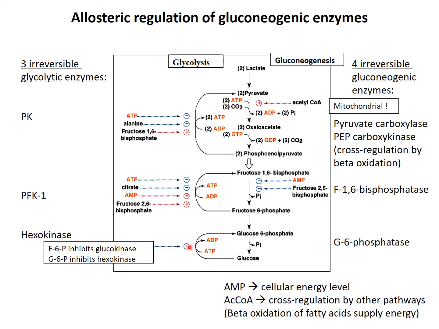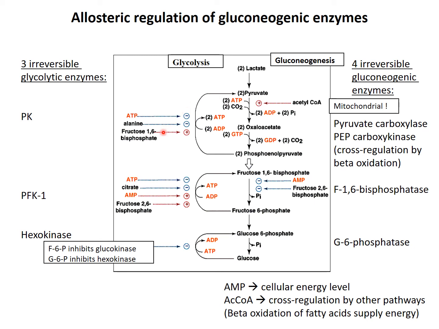You remember the allosteric regulators that you learned there. And then now this is gluconeogenesis, and you see that the opposing enzymes, the enzymes that circumvent PK and PFK1 and hexokinase glucokinase are listed there, and the allosteric regulation is listed there too.